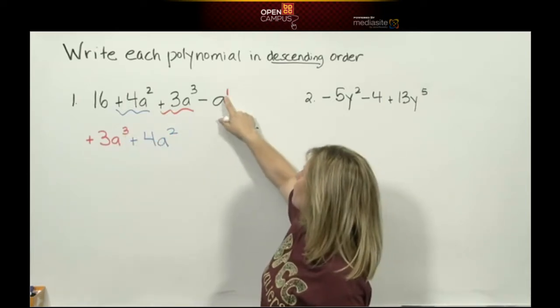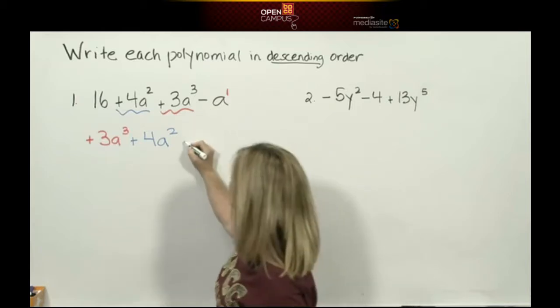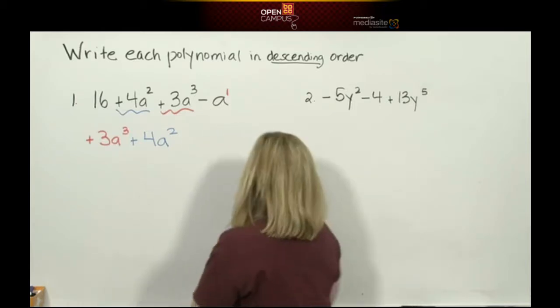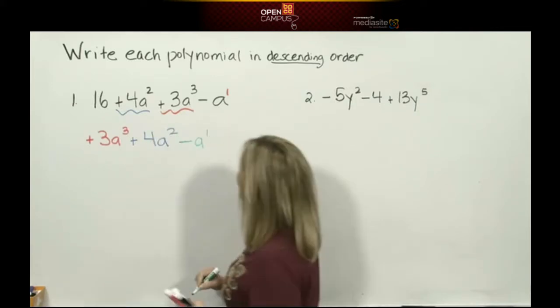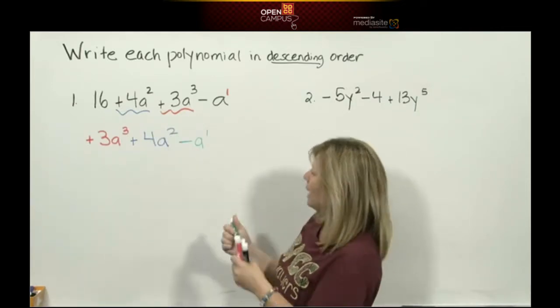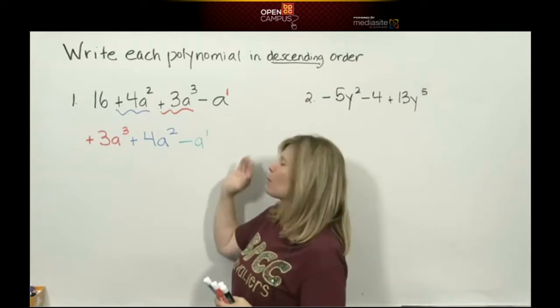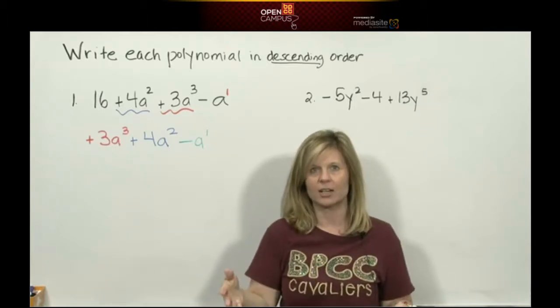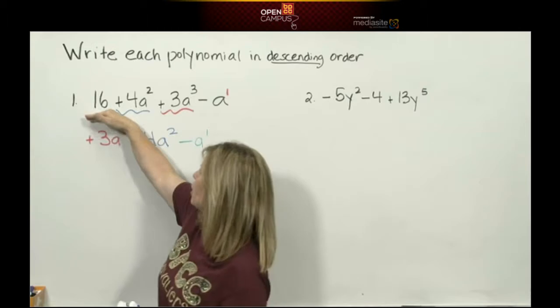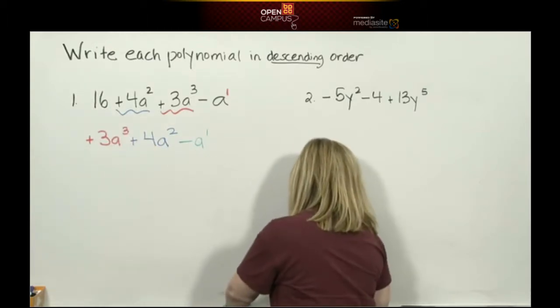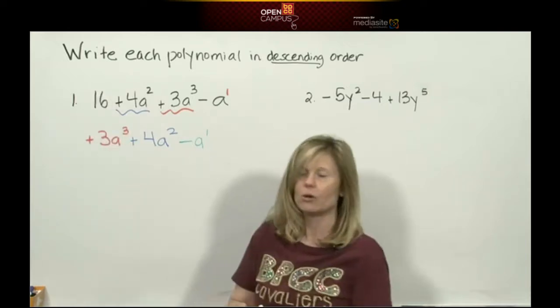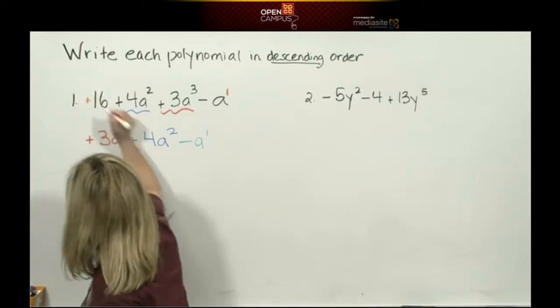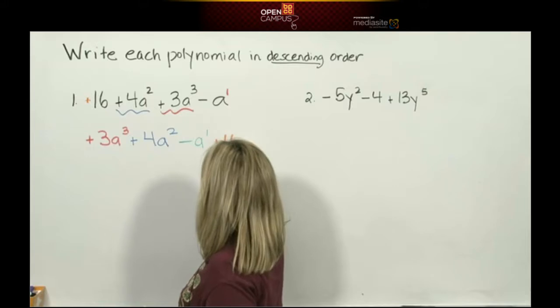This would be a to the first, and there's a negative sign in front of it, so we'd write negative a to the first. And then our last term, always when we're writing algebra, is our constant. Remember, the word constant means the number. And the number is the 16. And it is a positive 16, even though you don't see the plus sign, it's understood to be there. So we write plus 16.